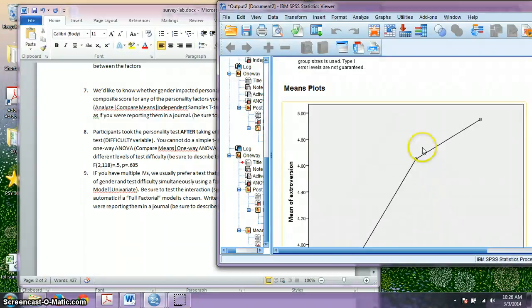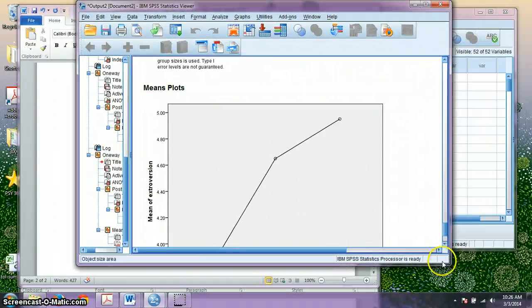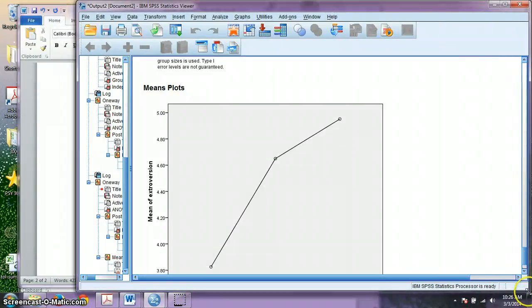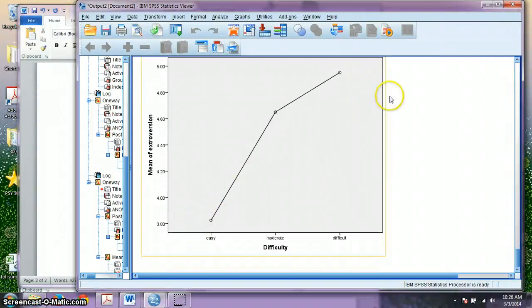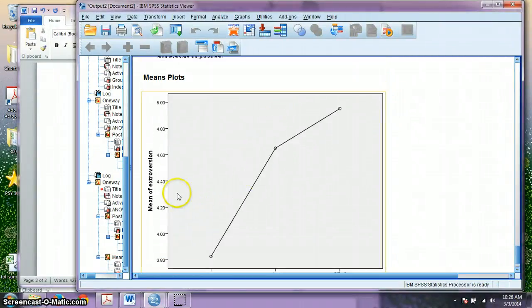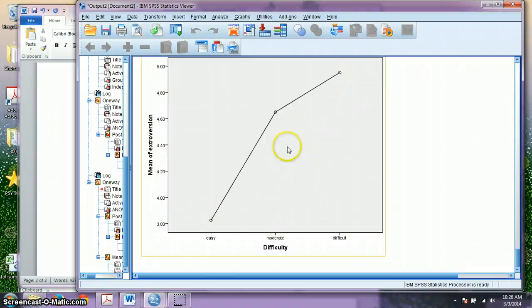So here is the actual plot of the means, and in fact, in this case, it does go up, and this is not extremely small. It goes up over 1 unit, but the variability across people is so big that this is not a significant difference.